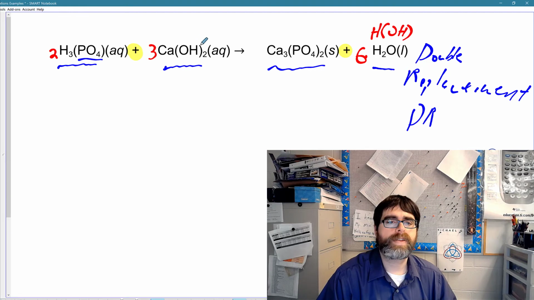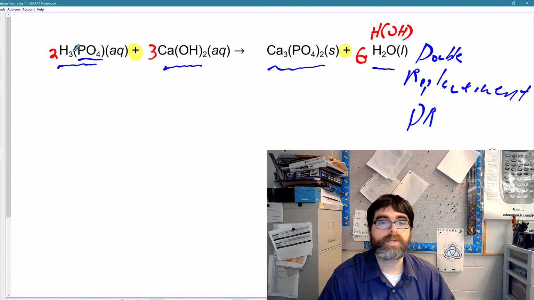And then that gives me 3 times 2, that's 6 hydroxides, and look, we have 6 hydroxides already. So let's double check everything. 6 hydrogens, 6 hydrogens, 2 phosphates, 2 phosphates, 3 calciums and 3 calciums, 3 times 2, 6 hydroxides and 6 hydroxides were balanced. If you wanted to go through and check individual atoms, we certainly can do that.